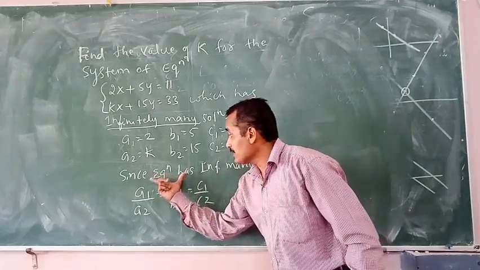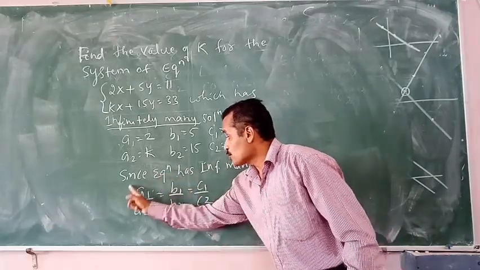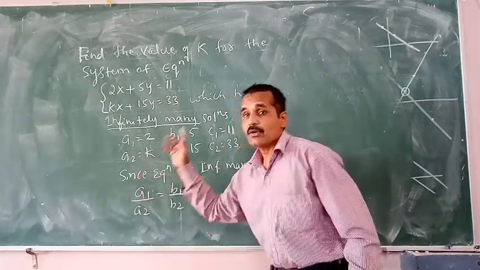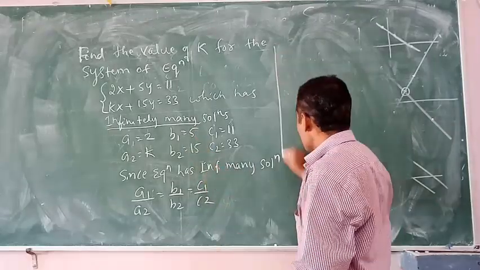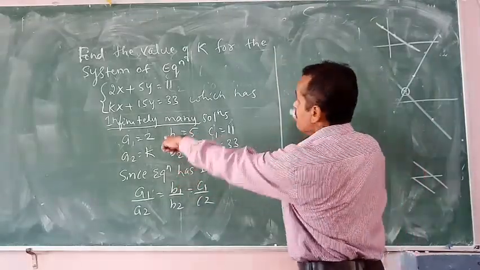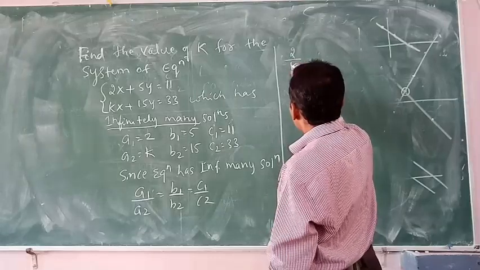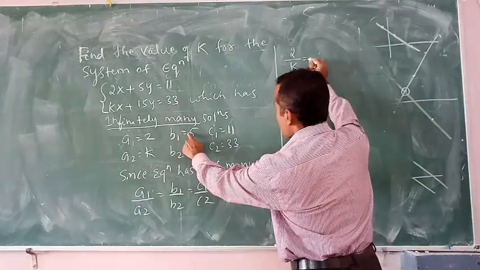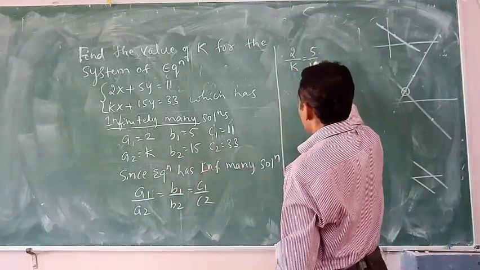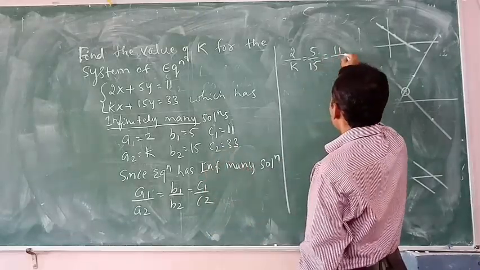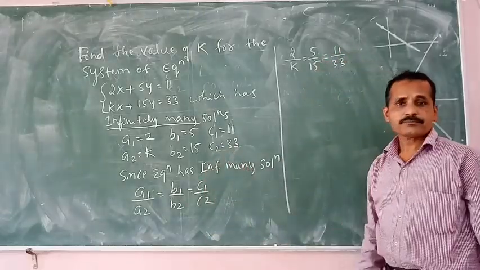By knowing this, you should be able to write the condition. Okay, let me substitute the values. 2 divided by k equals 5 divided by 15 equals 11 divided by 33.